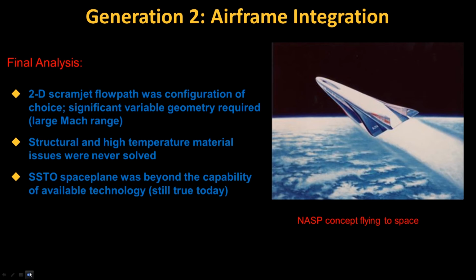Thirdly, a single stage to orbit vehicle was well beyond the capability of the available technology at that time, and this is still true today. So finally, it became very clear that multi-stage systems, each having a uniquely different propulsion system, is the most practical way to get to space.